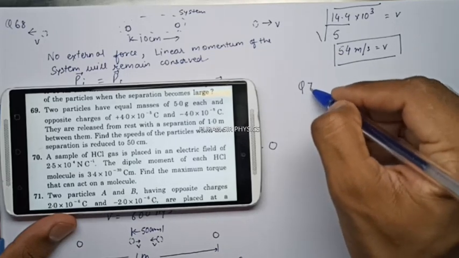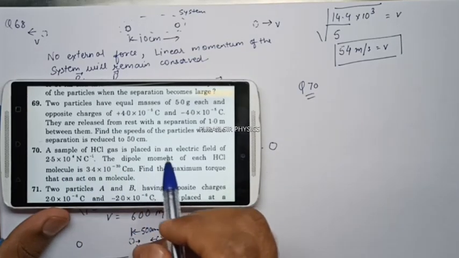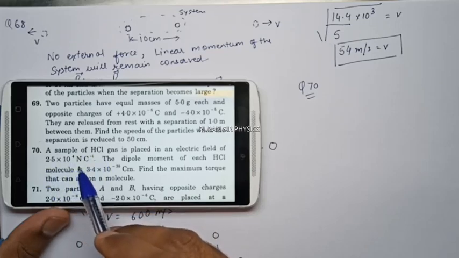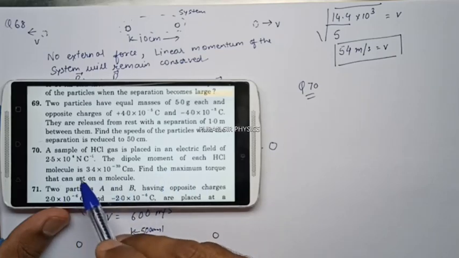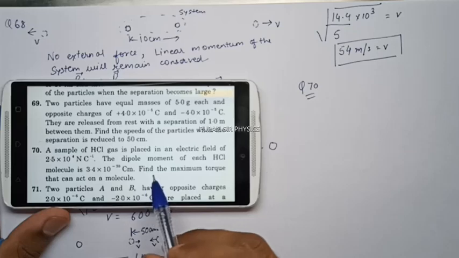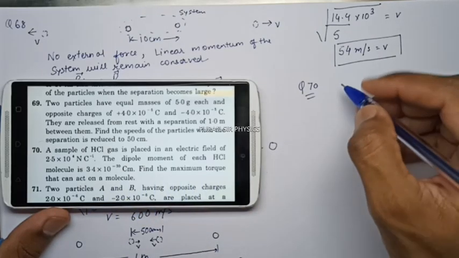In question number 70, a sample of HCl gas is placed in an electric field of magnitude 2.5 into 10 raised to 4 Newton per coulomb. The dipole moment of each HCl molecule is 3.4 into 10 raised to minus 30 coulomb meter. Find the maximum torque that can act on a molecule.